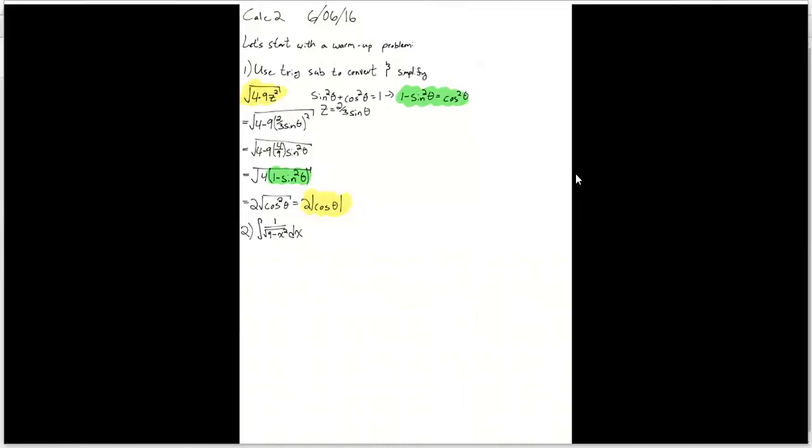All right, let's go take a look at how we do number 2 here. So off to the side, I'm going to do what I was doing before for number 1. This one is very much like number 1 in the sense that it takes pretty much the same kind of form. We're actually going to use the sine again, just like how we had z equal to 2/3 sine.